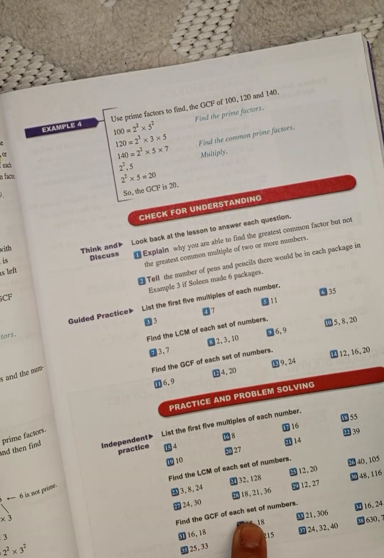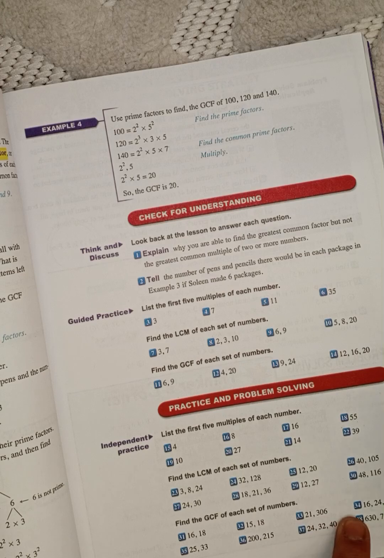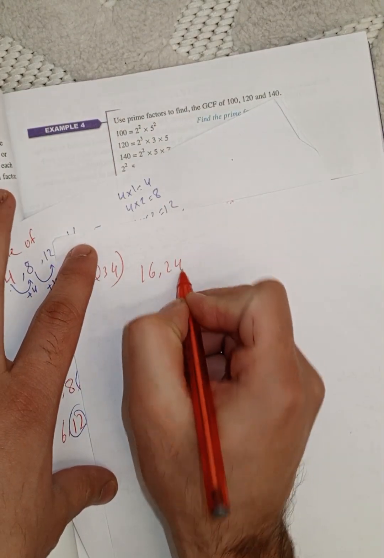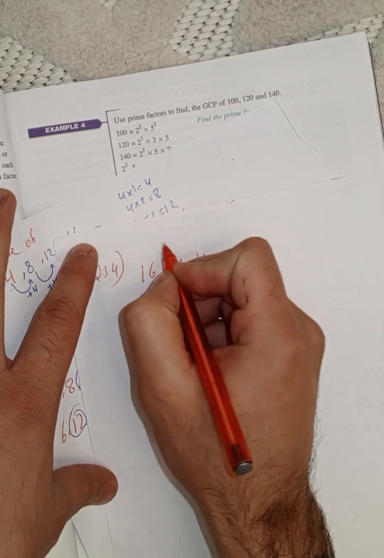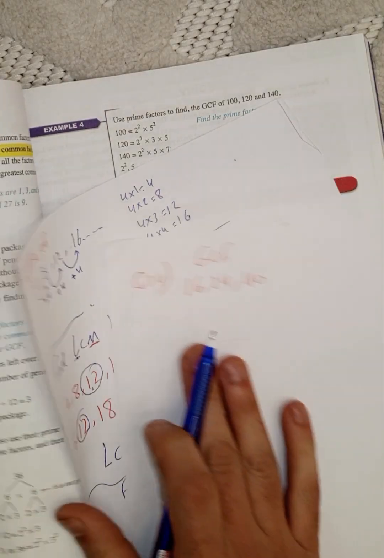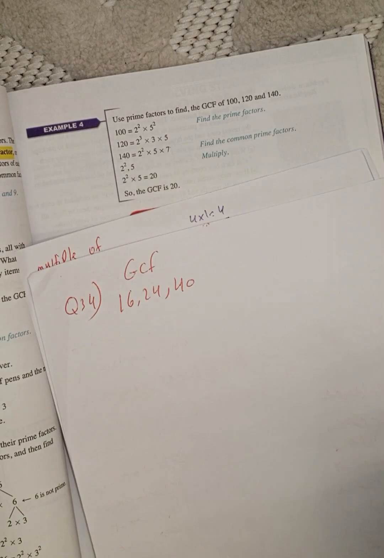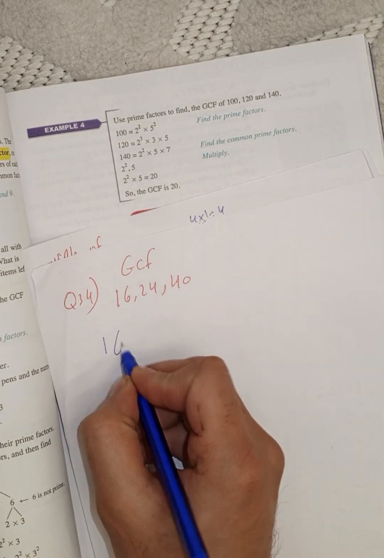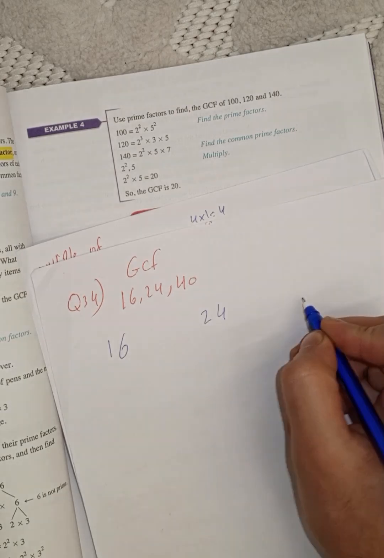The question says find the GCF of each set of the numbers 16, 24, 40. Okay. So this one is 3 numbers, using what? We're going to use the prime factorization. 16, 24, 40.